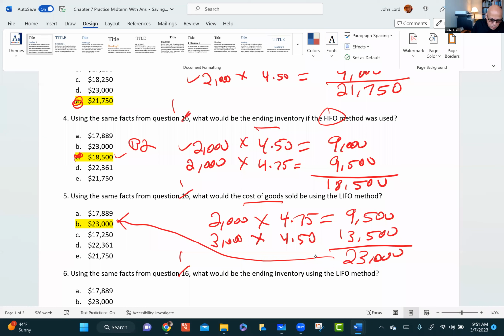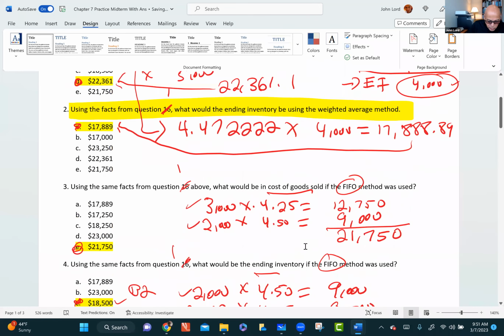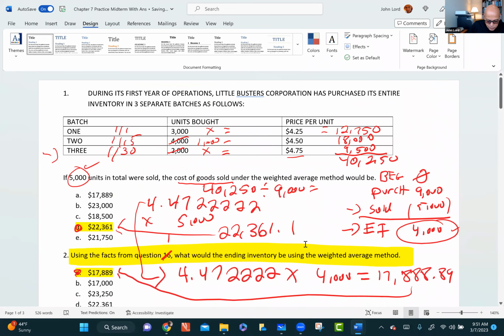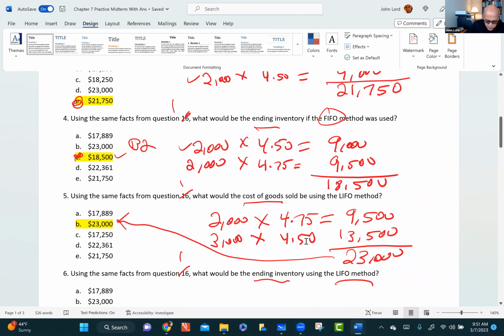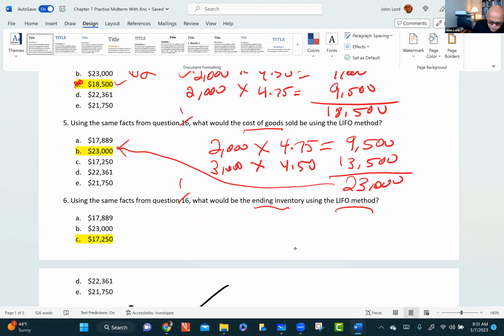For my ending inventory using LIFO, I assume that the first ones I bought are still there. So I look and I've got those 1,000 at 450, and then the entire batch, the entire 3,000 at 425, is still there. So 1,000 times the 450 gives me 4,500.